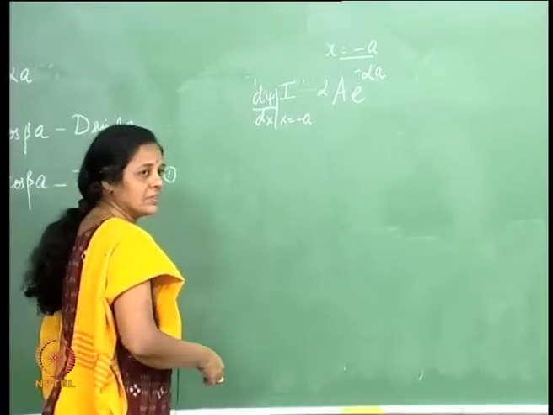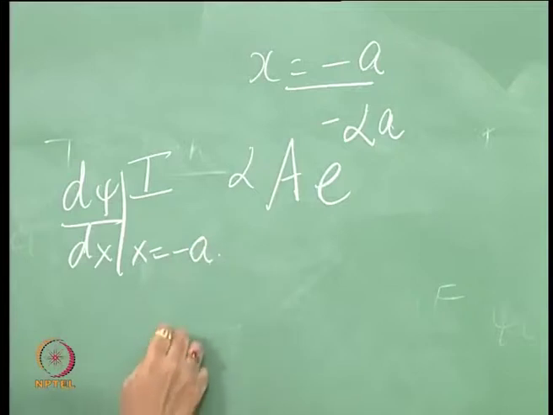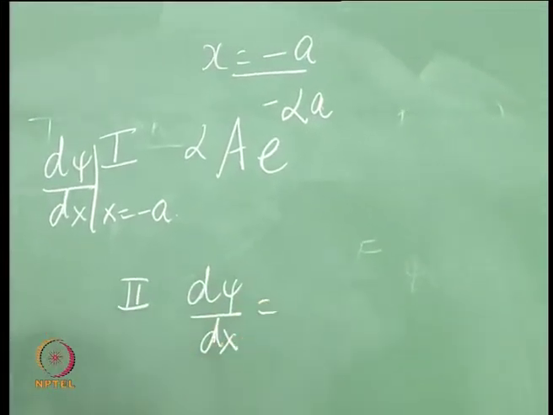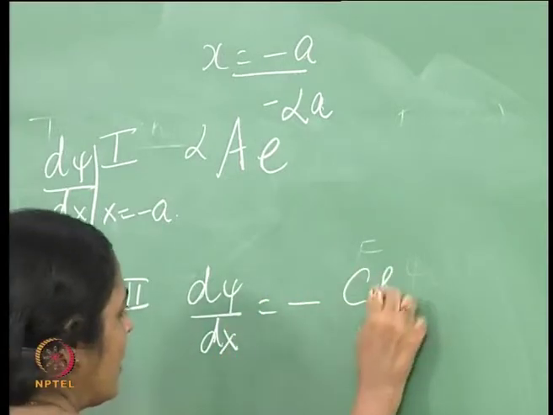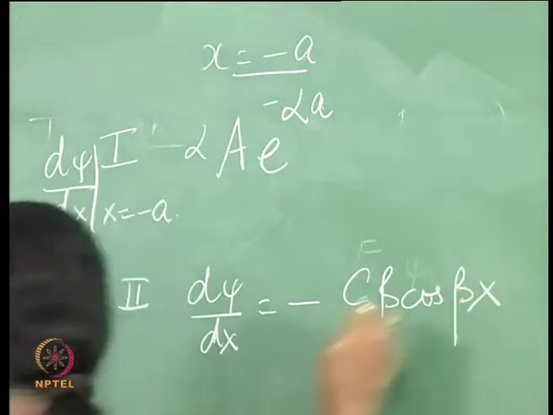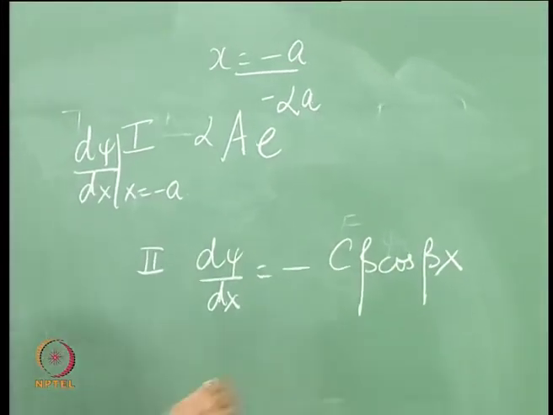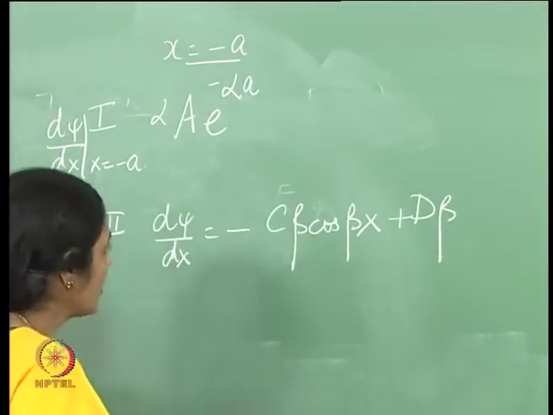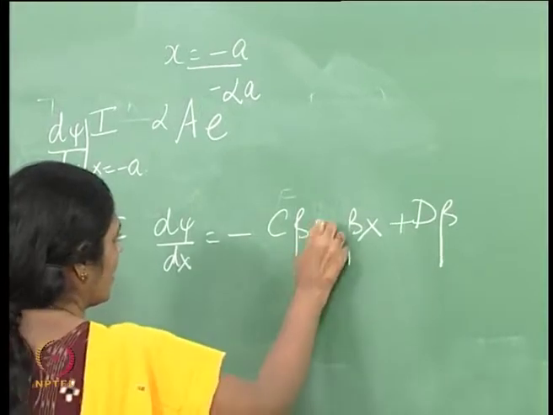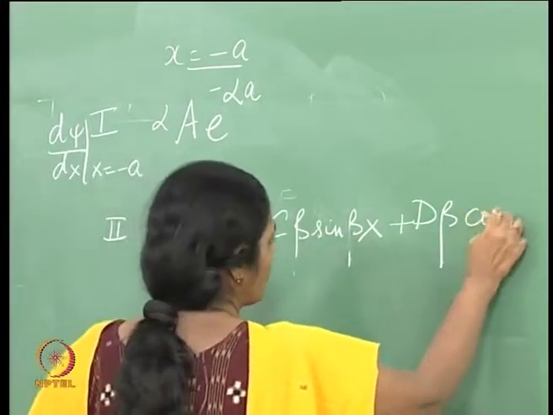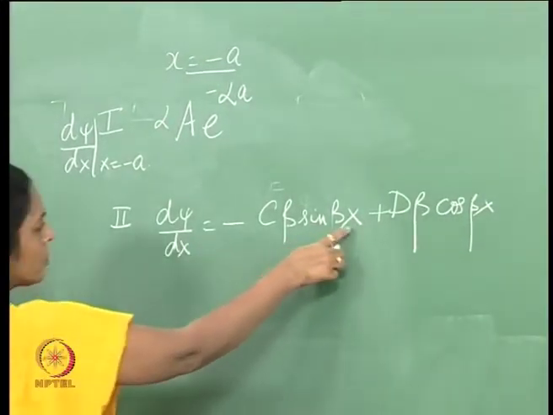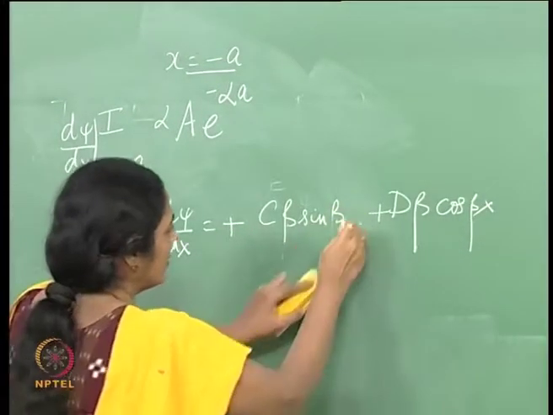And then if you look at region 2, d psi by dx is given by minus C beta cos beta x plus D beta sin beta x, minus C beta sin beta x plus D beta cos beta x, and you're substituting x equals minus a.